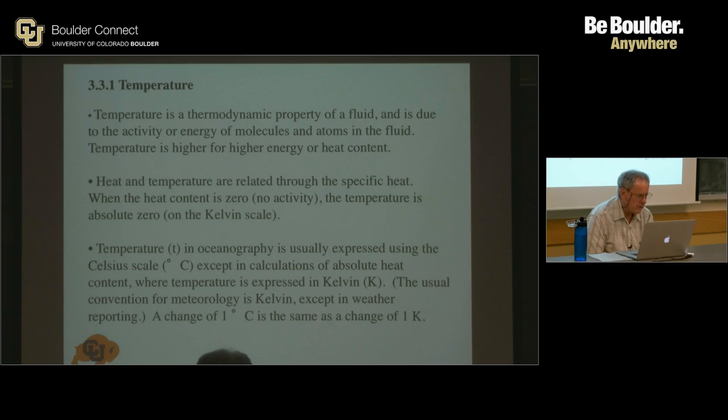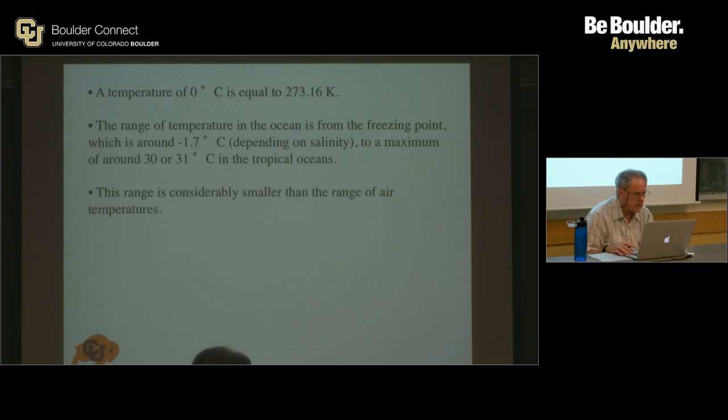We're going to use the Celsius scale. Kelvin is what you use if you're dealing with absolute temperatures. The nice thing about Celsius is 1 degree C is the same as 1 Kelvin in terms of the temperature change. 0 C is 273.16 Kelvin.